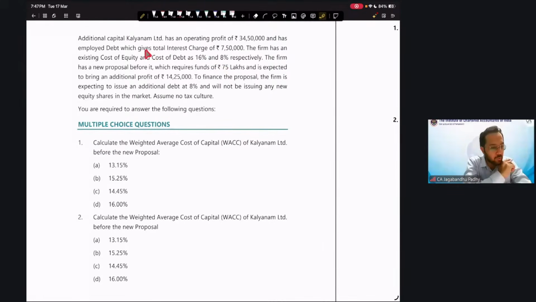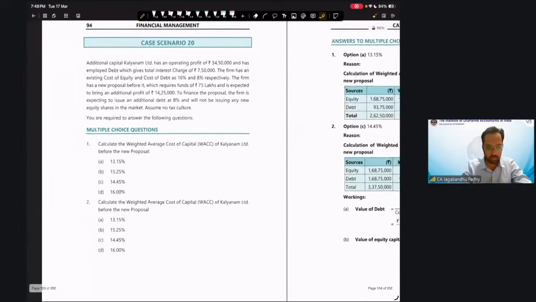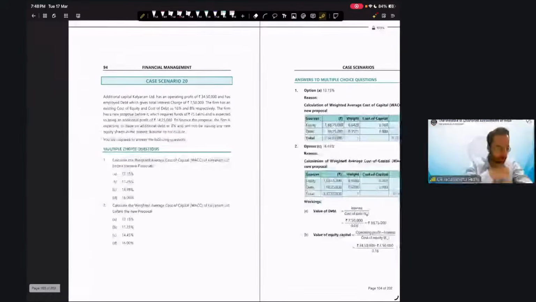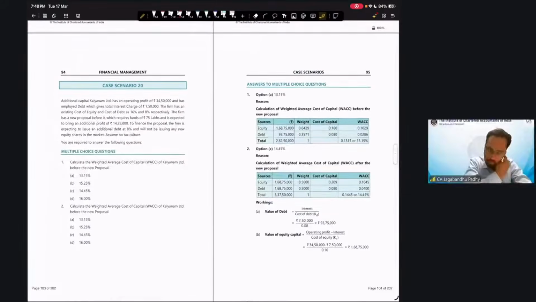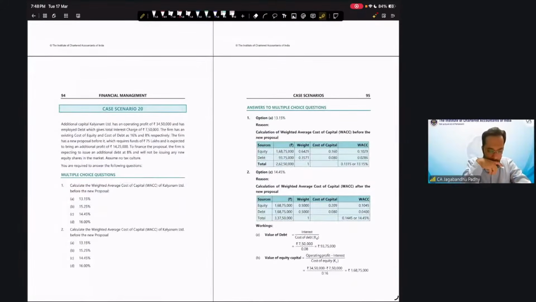The firm has operating profit and debt, which gives an interest charge of 7 lakh 50,000. How do we get this weighted average cost of capital? So when we want to compute the weighted average cost of capital, I'll need the amount of equity, right?